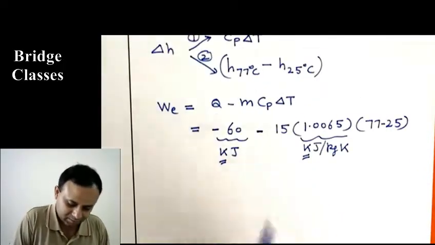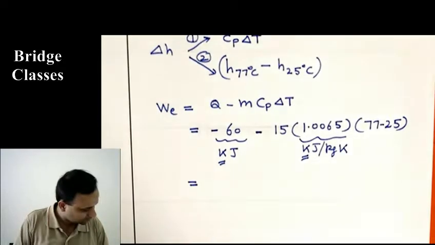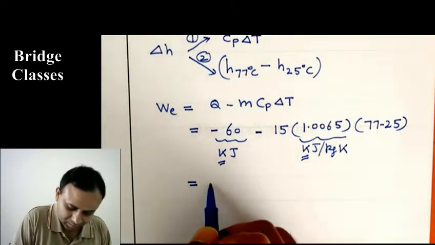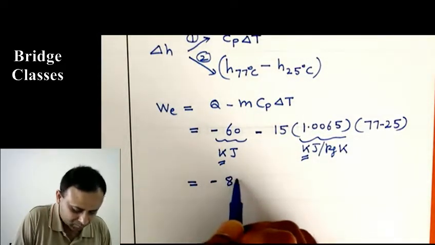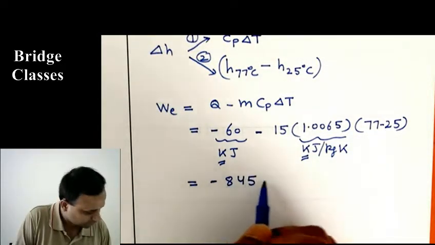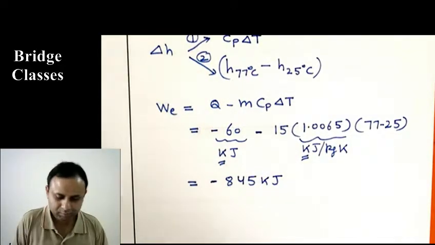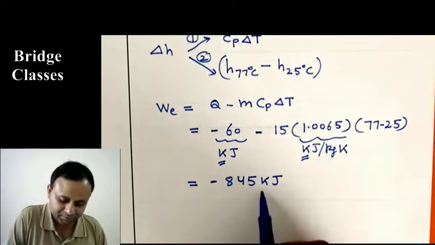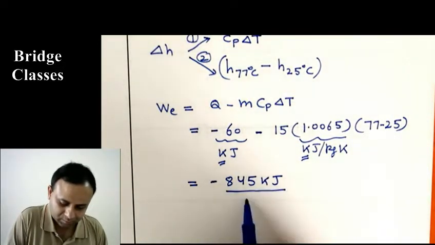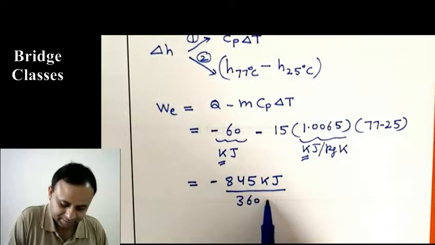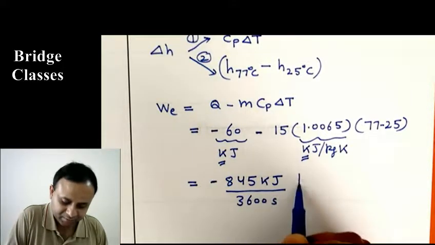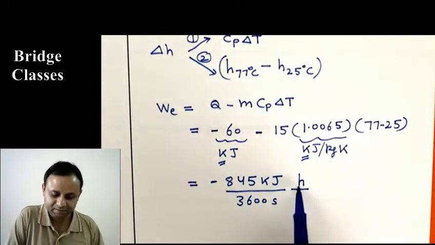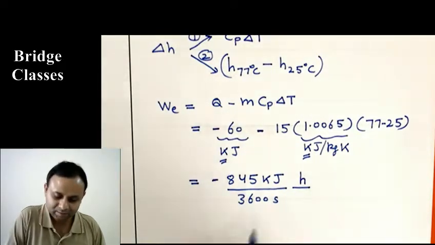So this gives us electric work. You get actually negative 845 kilojoule. But we have to answer in kilowatt hour. So if I divide this by 3600 seconds and multiply by 1 hour, that is the same, since 1 hour is 3600 seconds, and kilojoule per second becomes kilowatt.